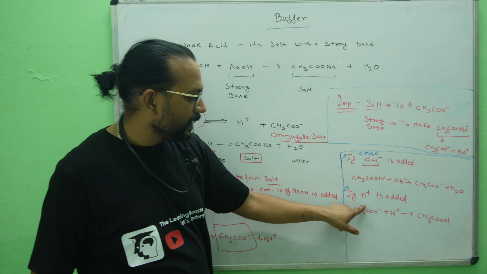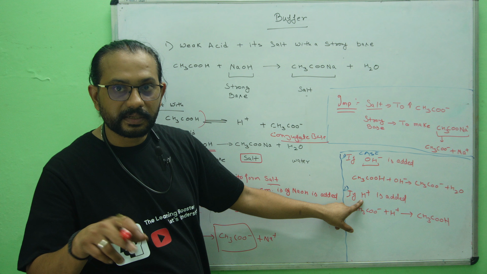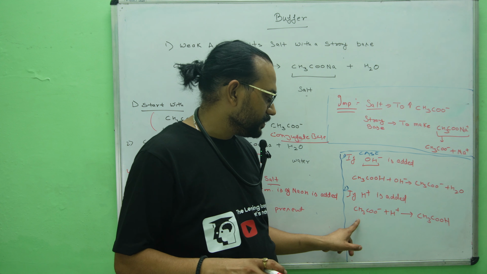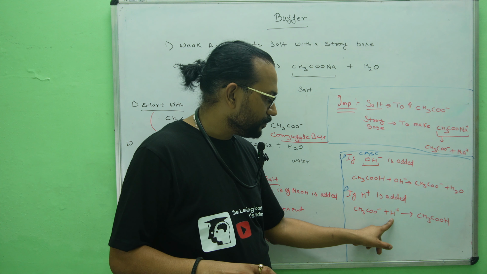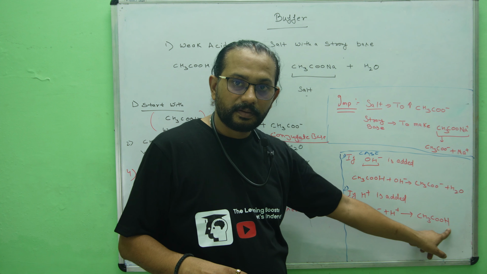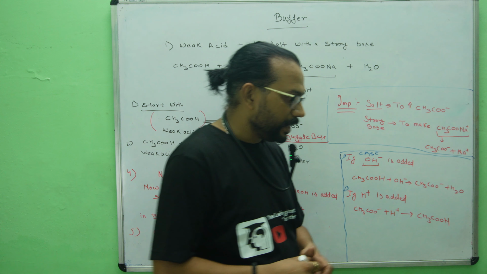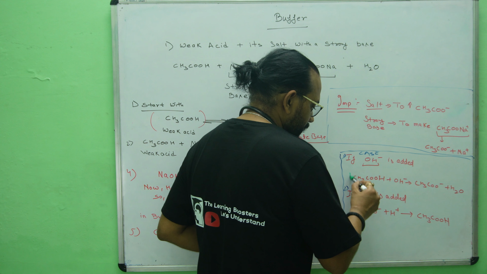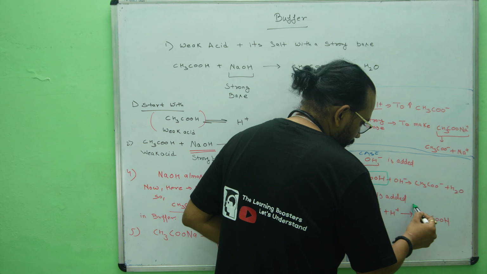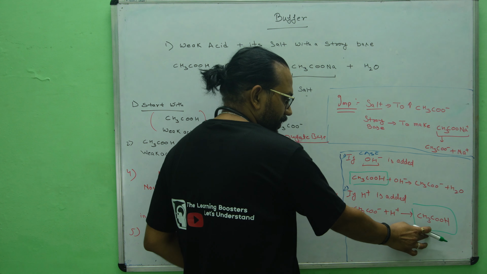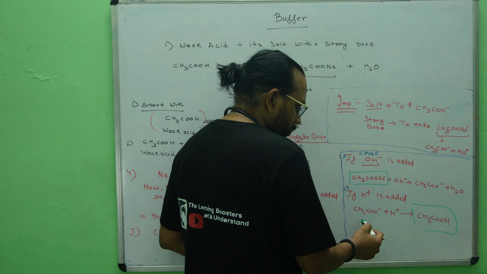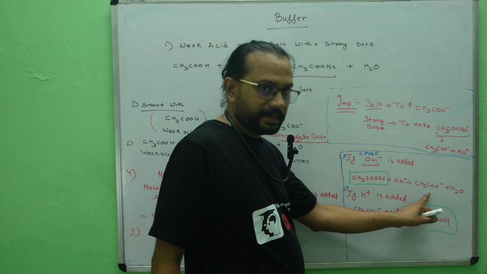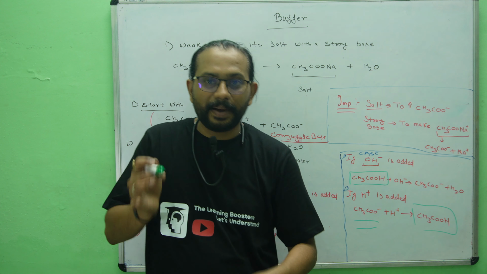Now what happens when you add a higher concentration of H+ ion? It reacts with CH3COO− plus H+ to form the weak acid. So the point to be noted is that this is on the right side and this is on the left side, so it is in a balanced condition.